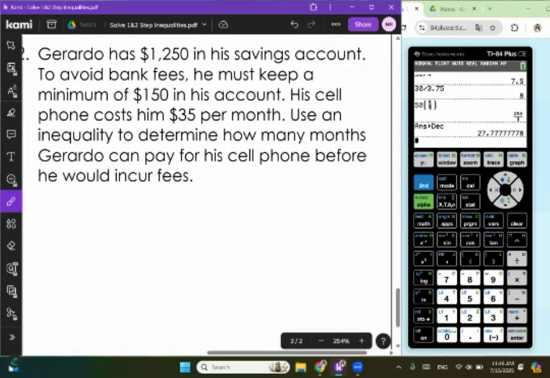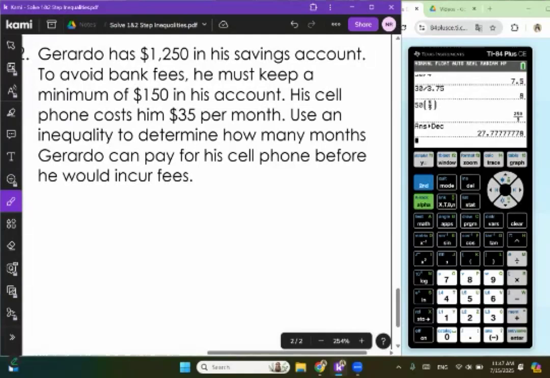1,250 in his savings account. To avoid bank fees, he must keep a minimum of 150 in his account. His cell phone costs him $35 per month. Using inequality, determine how many months Gerardo can pay for his cell phone before he would incur fees. Okay, well, to determine how he must keep.